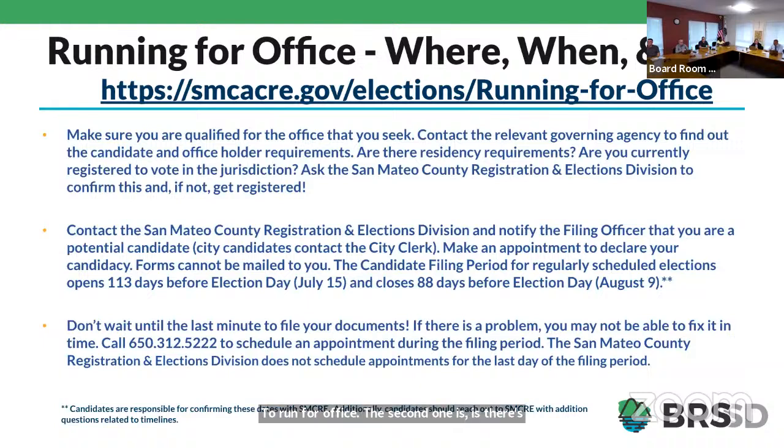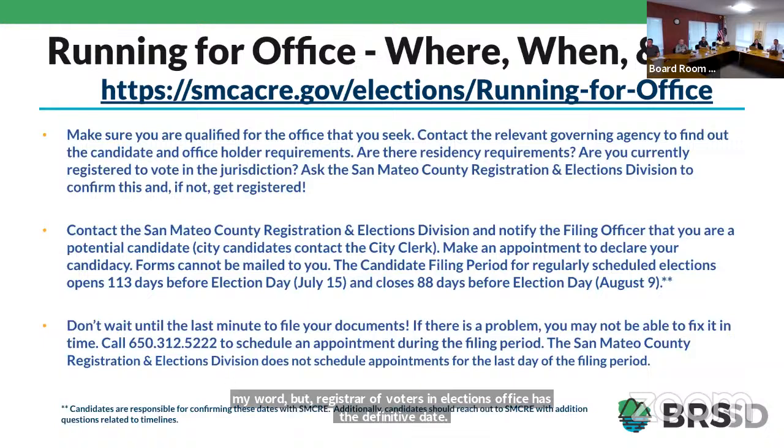It opens 113 days before Election Day, which by my calculation and Google's calculation is July 15th, and closes 88 days before Election Day, which by our calculation is August 9th. Please don't take those dates by my word, but the Registrar of Voters and Elections Office has the definitive date, so please double check that.